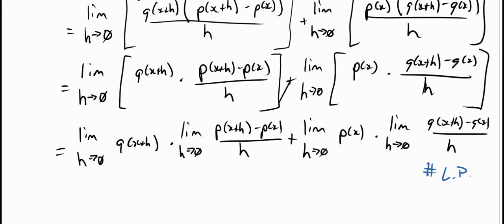Whoops, that was supposed to be a star. That line is limit property number 5.